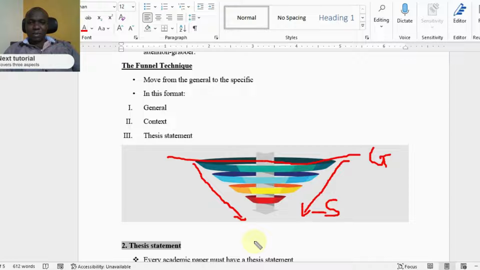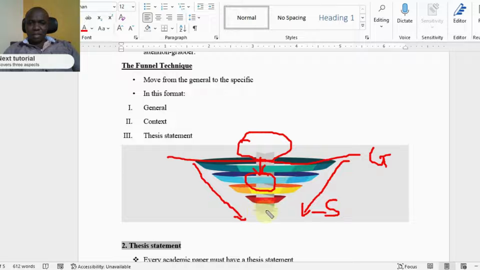When doing so, make sure that you provide the context, an overview. Then we have moved from the general, you move to the context.